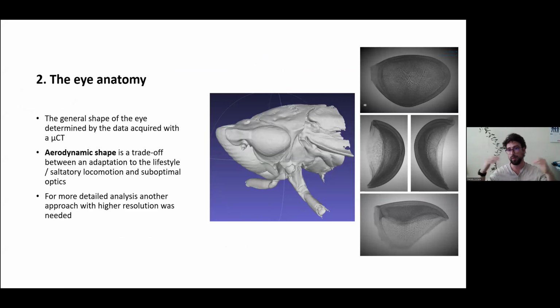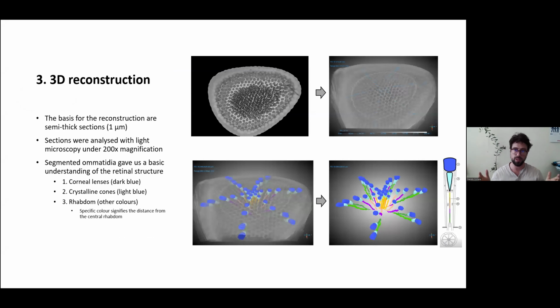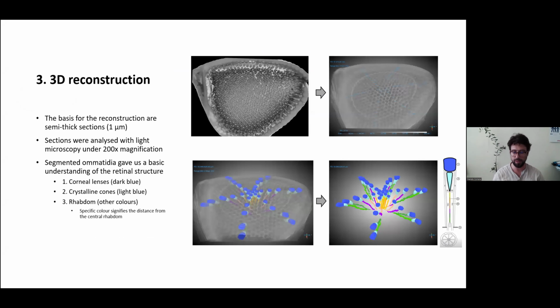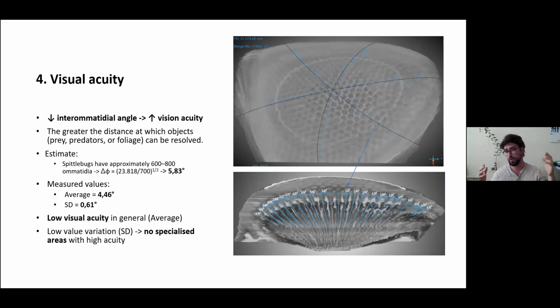After that, Domen combined different techniques of microscopy. Here you can see images from a micro-CT scan that were kindly provided by Elizabeth Clark from Almeida's group at Berkeley University. Through a combination of micro-CT and transmission microscopy, looking at the ommatidia, Domen concluded that Philaenus eyes have a low visual acuity.